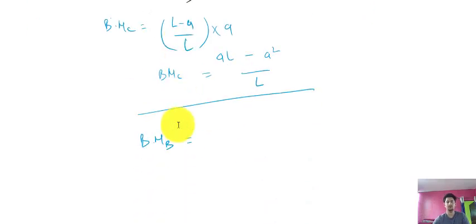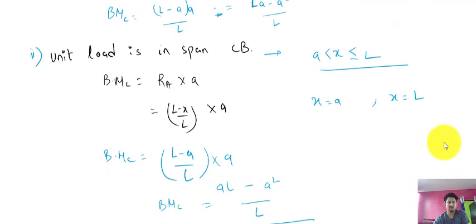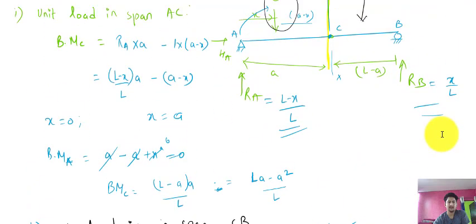Now you have all the values. So you can see now, this is point A, this is point B, and this is point C, suppose. At A, the bending moment when the unit load is in span AC, we got as 0.